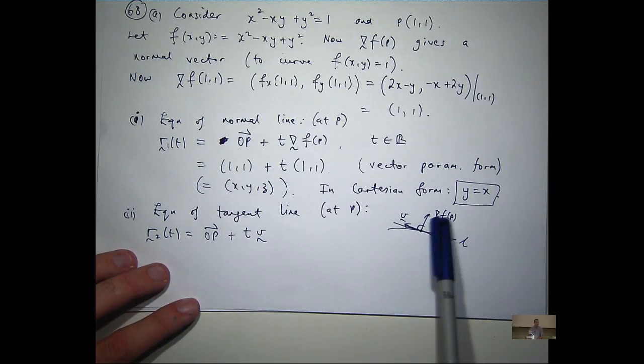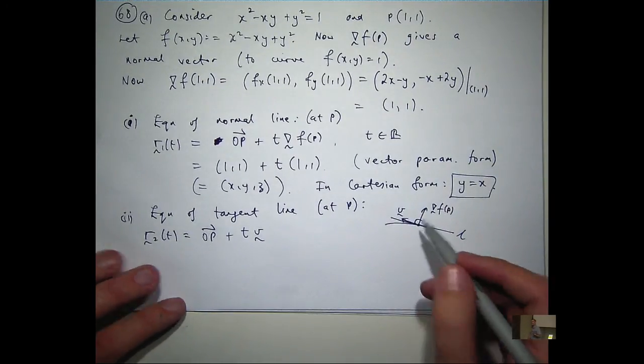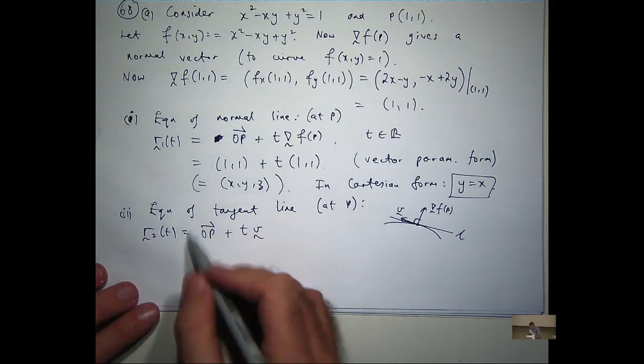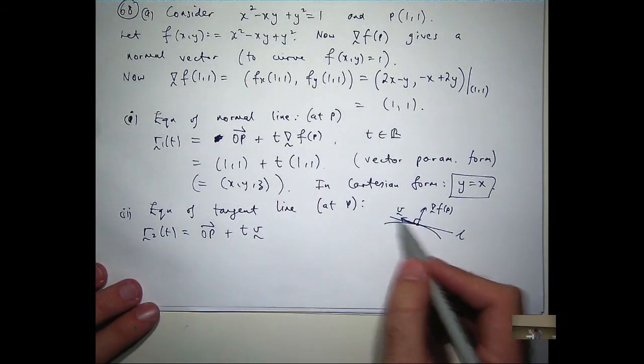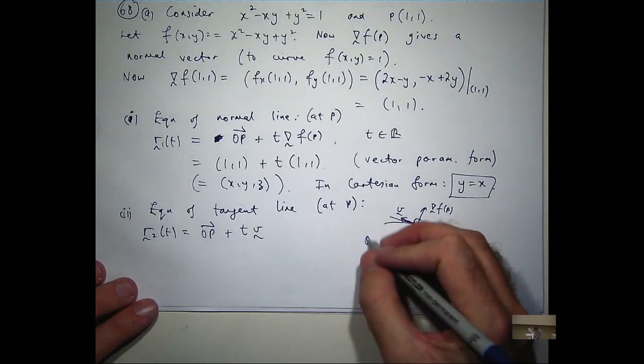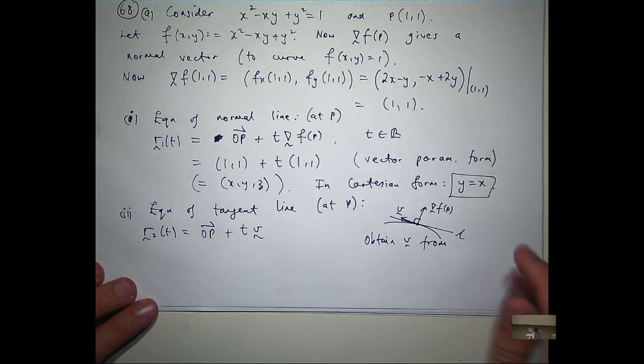this gradient vector? Well, the angle's pi on 2, right? They're normal to each other. So the dot product is going to be 0. So the only thing stopping us from finishing this problem is finding this vector v that is parallel to our tangent line. So let's obtain v from the following.